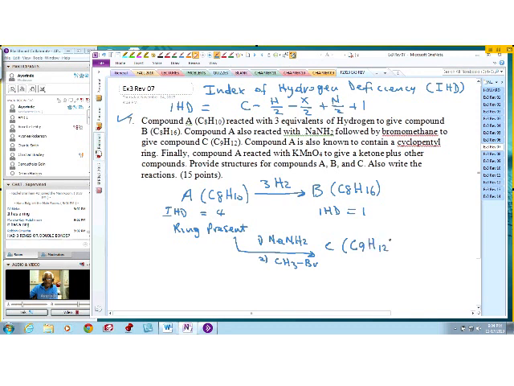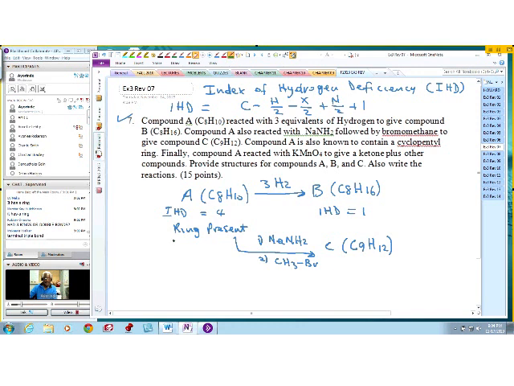So we have added one more carbon. What does that tell you about compound A based on this reaction? Excellent. So that tells us compound A must have a terminal alkyne.